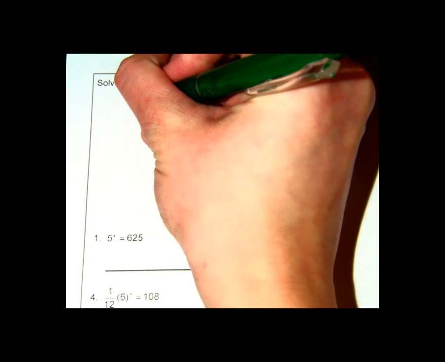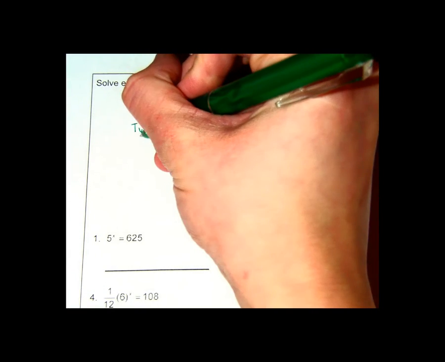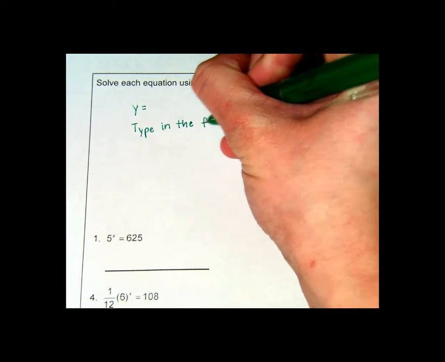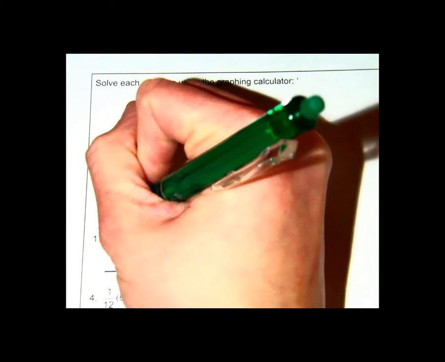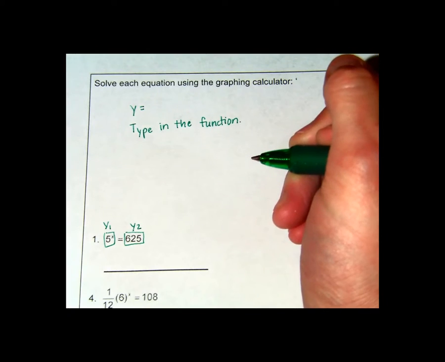So we're first going to press y equals. That's the first step. And then we're going to type in the function. And for this example in the function, this part is going to be y1, and this part y2. Okay.